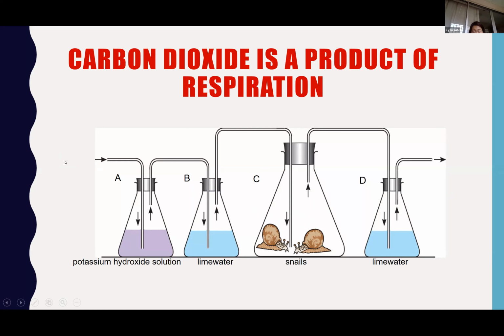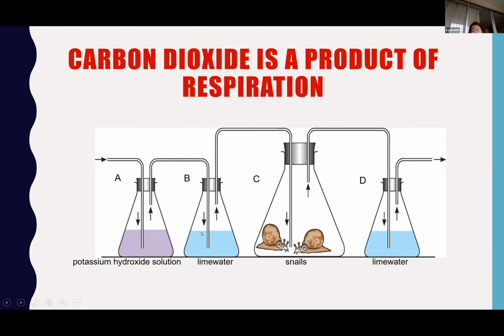When the air that enters conical flask A goes into the potassium hydroxide solution, the solution will remove all the carbon dioxide. For all the inhaled air being sent to conical flask B, I will do a check. I'll make sure that the lime water will not have any white precipitate.